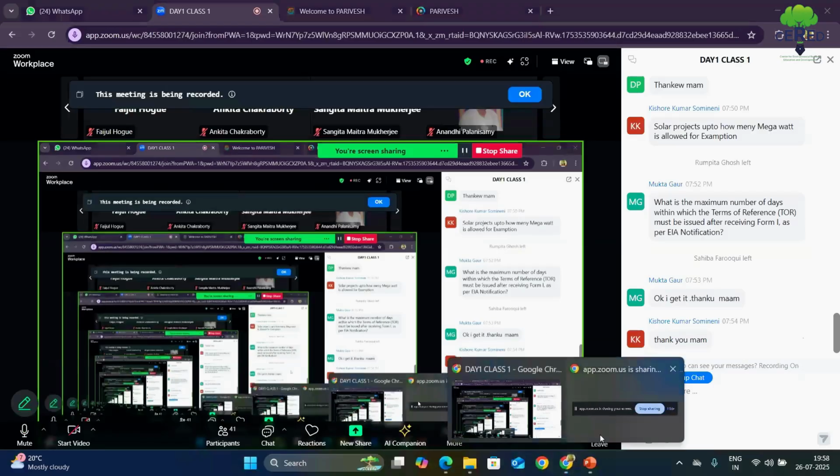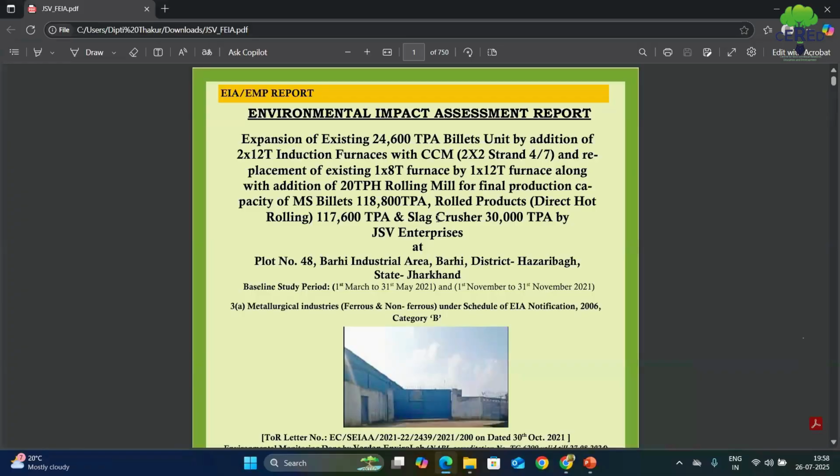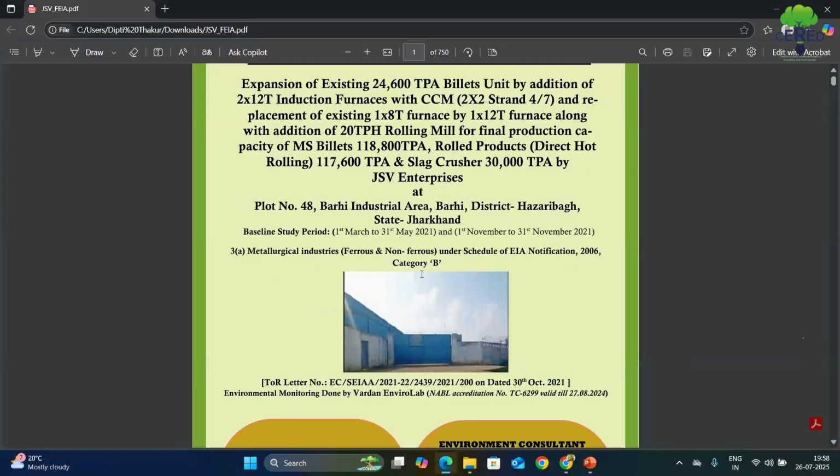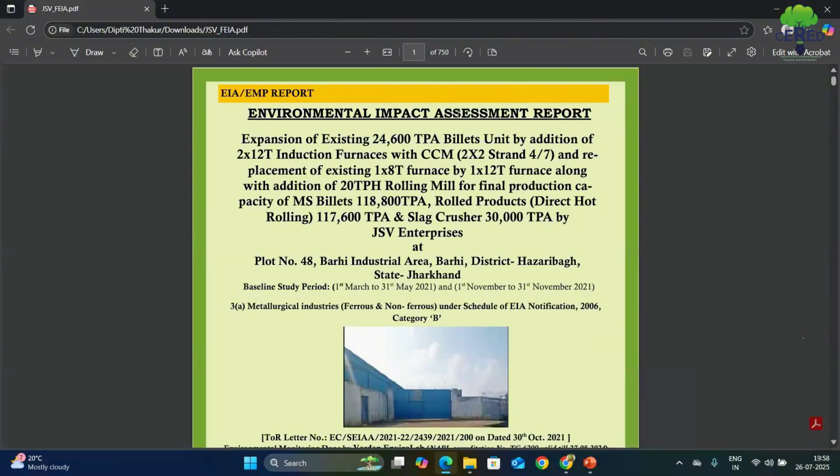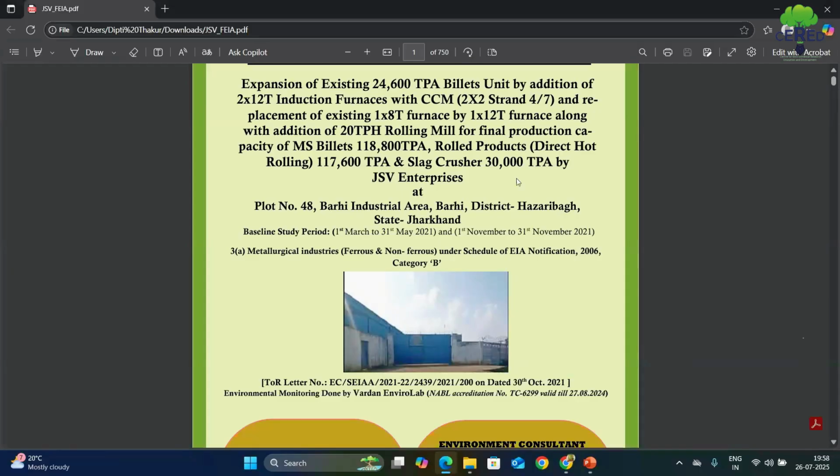On the first page of the EIA, you can see the name of the project, the address of the project, and the baseline period. That is a monitoring step of EIA. Baseline period is always done in 3 months.